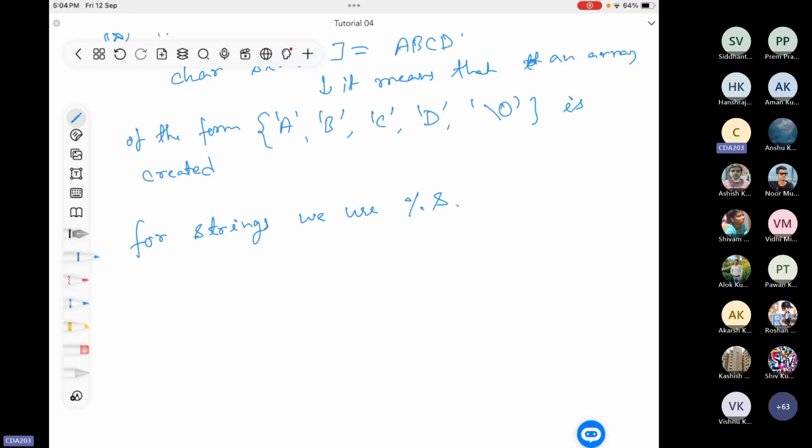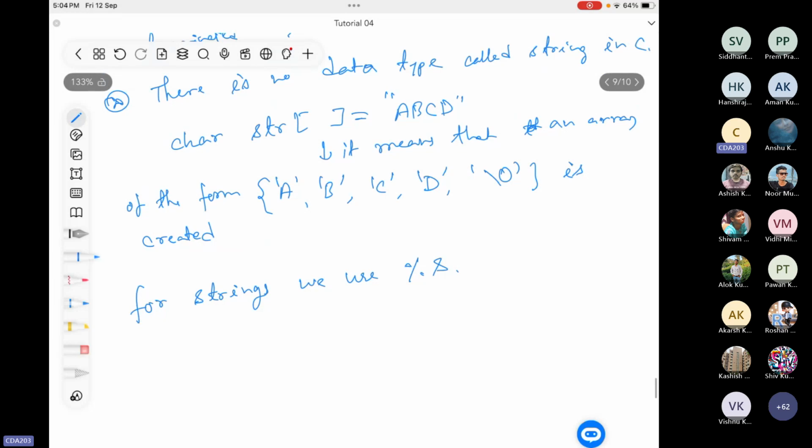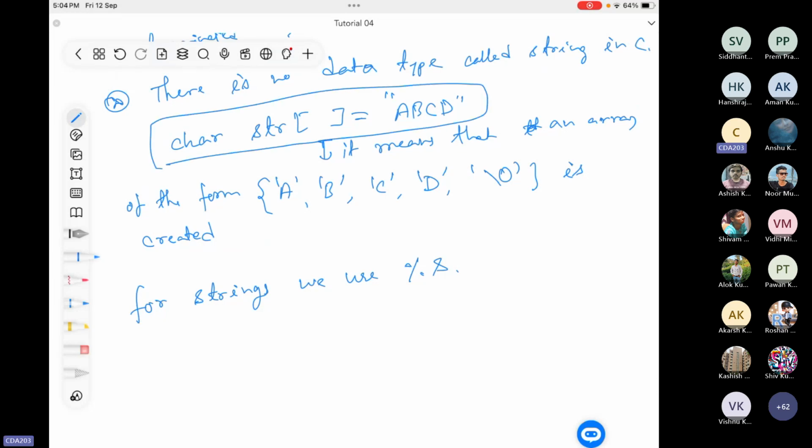If you write %c, that corresponds to an element of that array, because each element of that array is a character. %s represents the whole array, whereas %c corresponds to one element of that array.